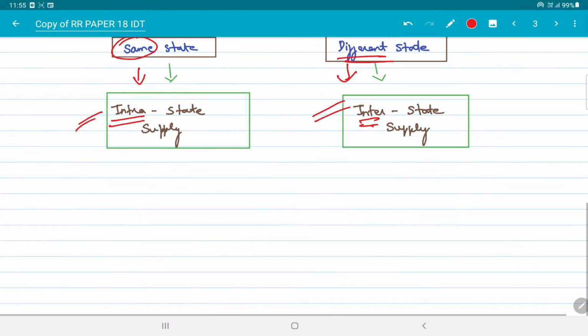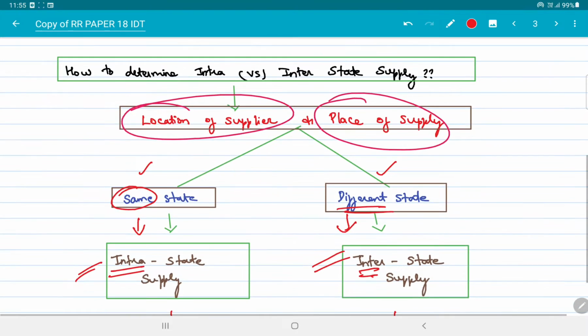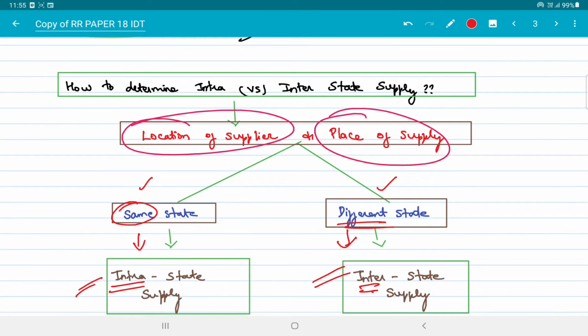That will lead to your tax portion. If it is in the same state, CGST plus SGST. If it is a different state, then IGST only. So that is the way to determine whether a transaction is an intrastate supply or an interstate supply.